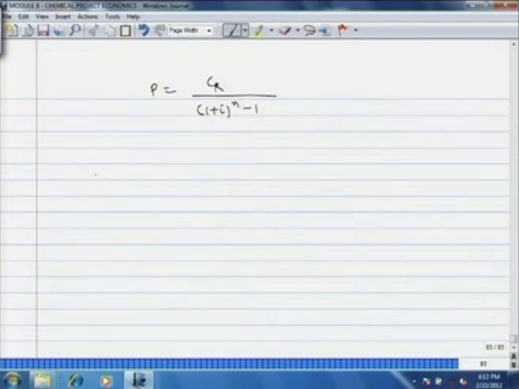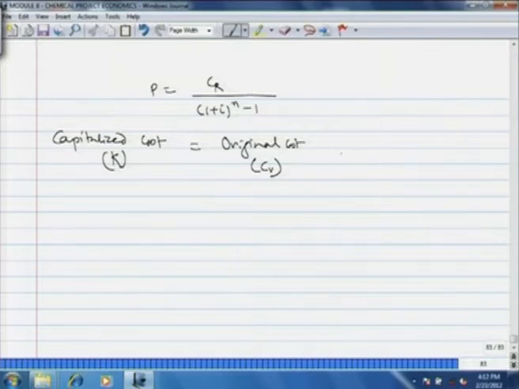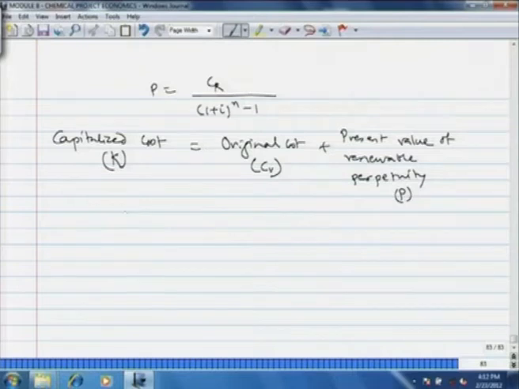Then the capitalized cost K is equal to the original cost, which we denote by letter CV, plus the present value of the renewable perpetuity, which is P. So we have a simple expression here: K is equal to CV plus CR divided by (1 plus I) to the power n minus 1.